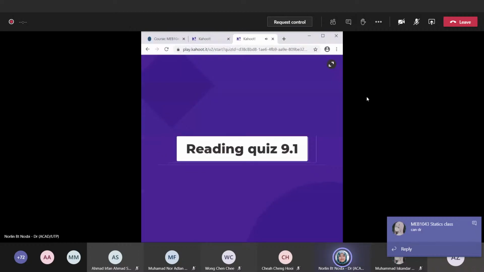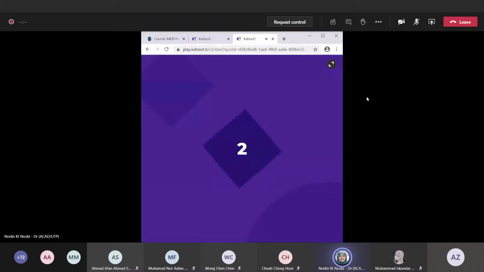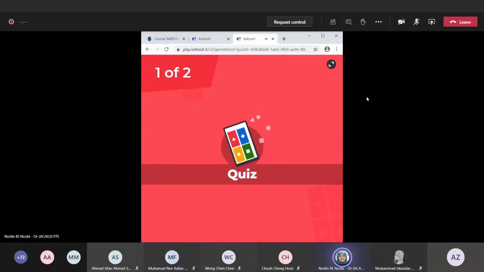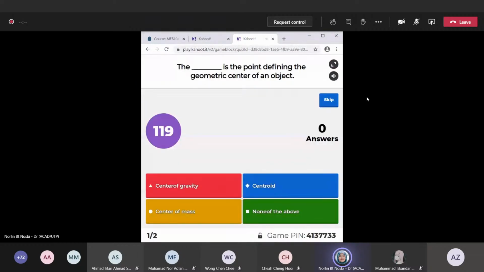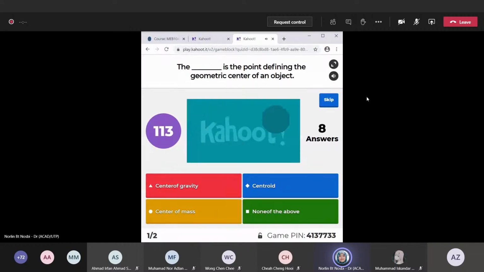Okay, ready? Reading quiz 9.1. What is the point defining the geometric center of an object? A, center of gravity, red color. B, centroid, blue. Yellow, center of mass, and green, none of the above.